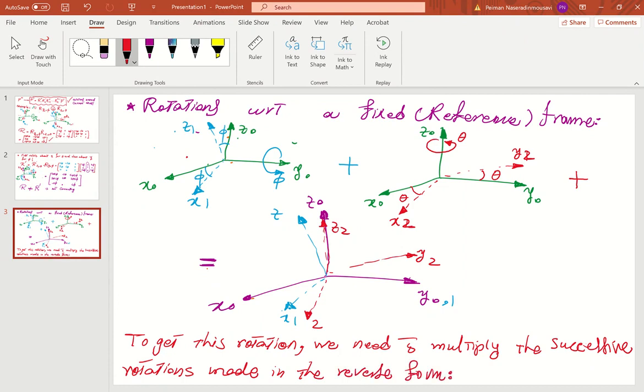This is the rule. It means that your final rotation is going to be, this time we are doing it from the last one. We are going this way.